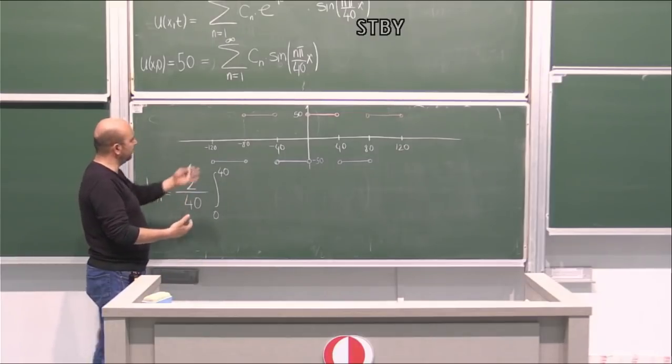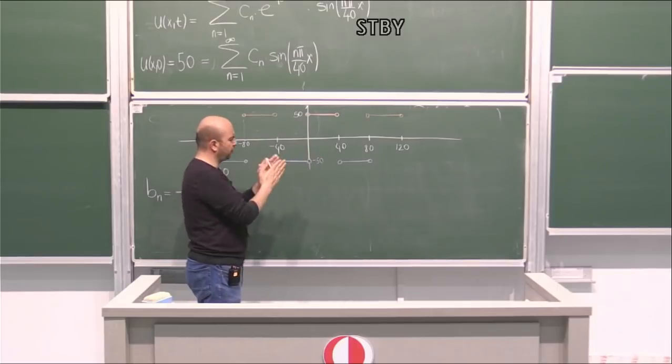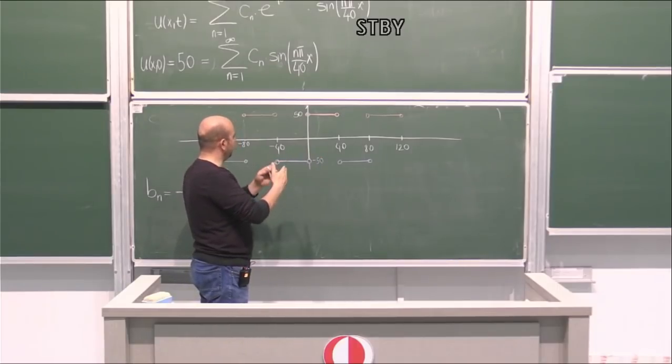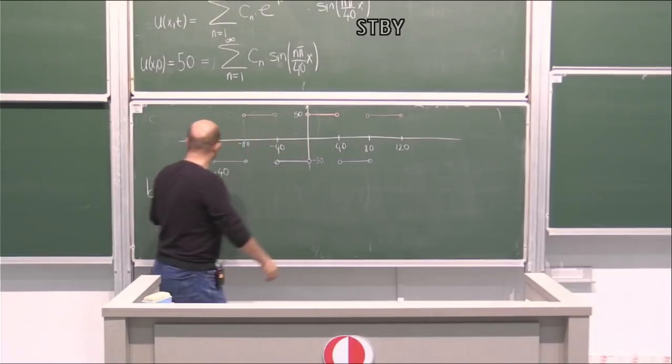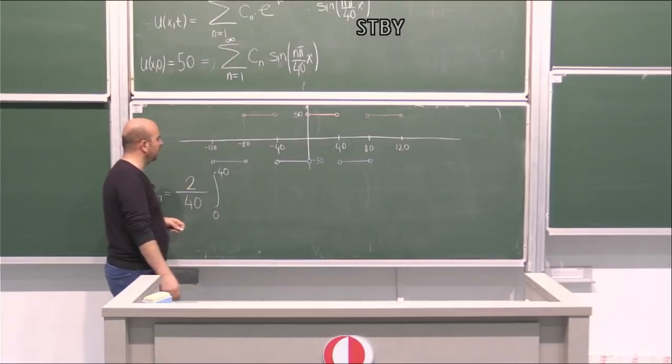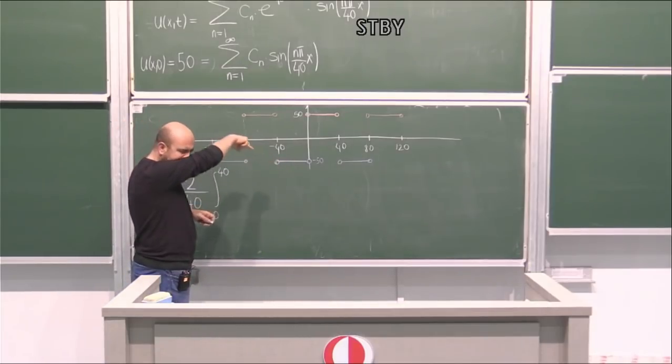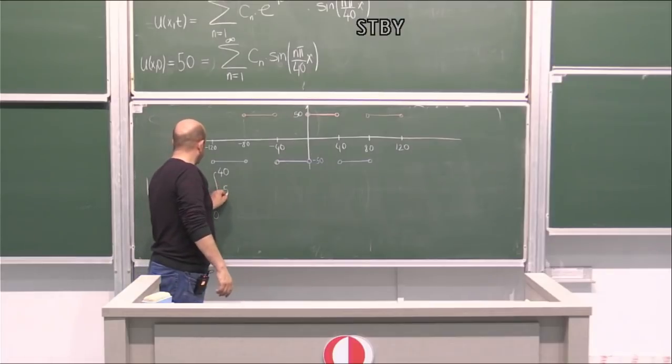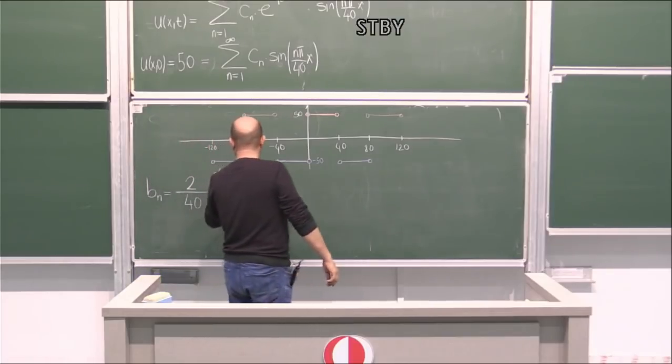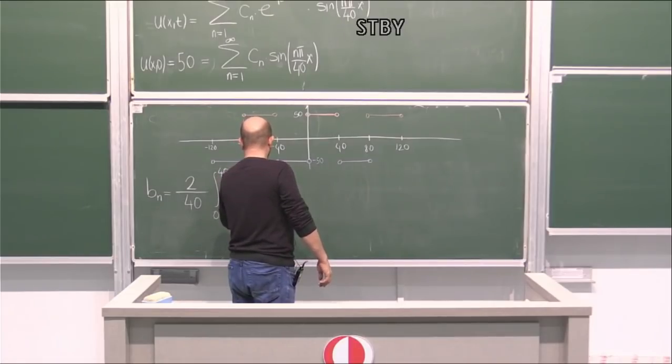My extended function is odd, sine is odd, so the product is even. So I need to integrate from 0 to 40, but I have to double my integral. Between 0 and 40, my function is the constant 50, so I multiply with sine n pi over 40 x dx.